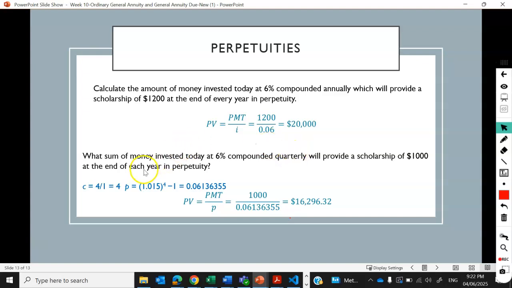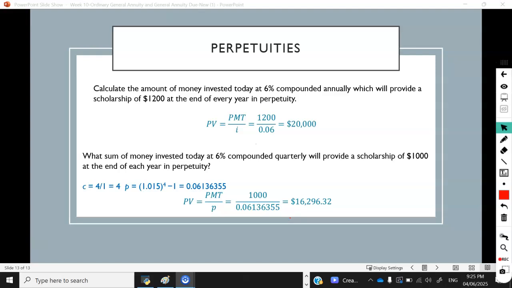So 4 over 1 is your C value, and you can substitute in the P and calculate (1 + i)^c minus 1. You will get the P value, and your present value is PMT over P. So you will get the amount invested today so that you will get a scholarship of $1,000 every year end. So here the perpetuity ends.